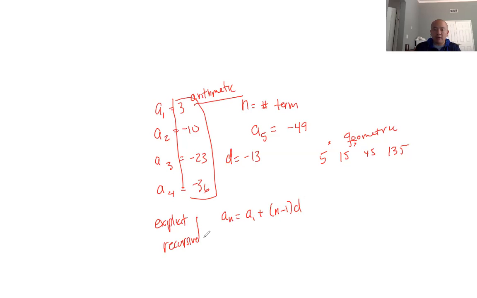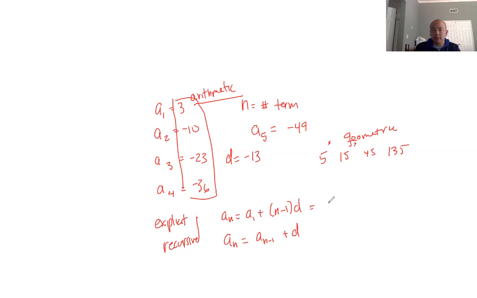If you have an arithmetic sequence and you want to find the recursive formula, it is a sub n is equal to a sub n minus 1, the previous term, plus the difference. If I want to find the explicit formula for this sequence, what's the first term?